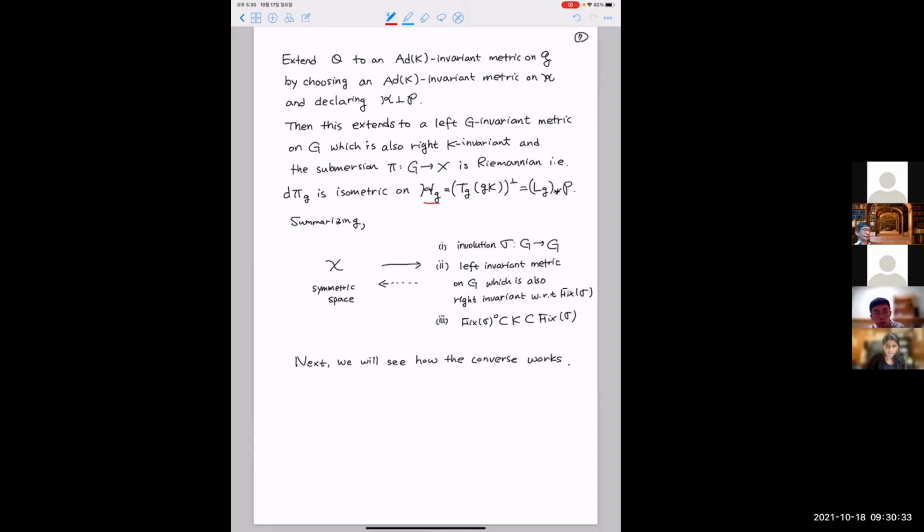So summarizing so far, if you start with a symmetric space, then we have an involution sigma of the Lie group G, and also we have a left-invariant metric on G, which is also right invariant with respect to the fixed point set of sigma, which is inside K.